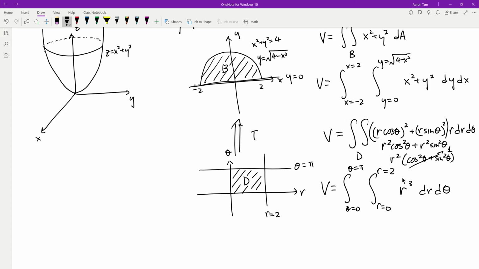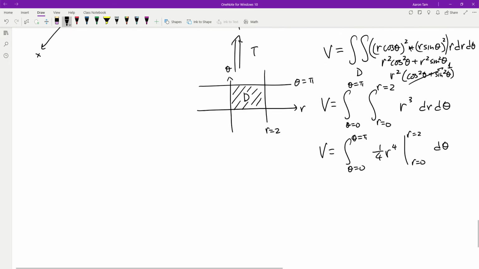Okay, so now I can go through the integration. V would equal the integral for theta from 0 to pi. The integral of r to the third is 1/4 r to the fourth, from r equal to 0 to r equal to 2, d theta.